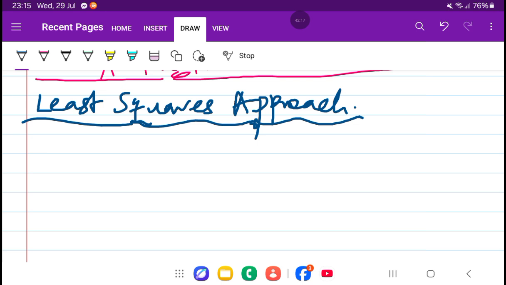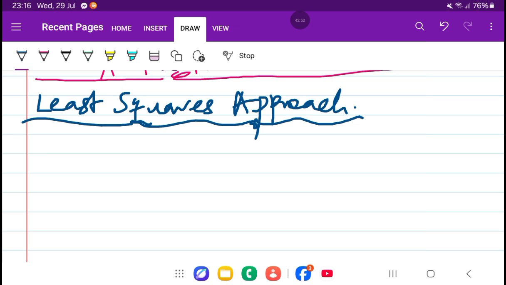So you can look at the question the examiner has given you, and that can be another way of identifying which one is our dependent and which is our independent variable.